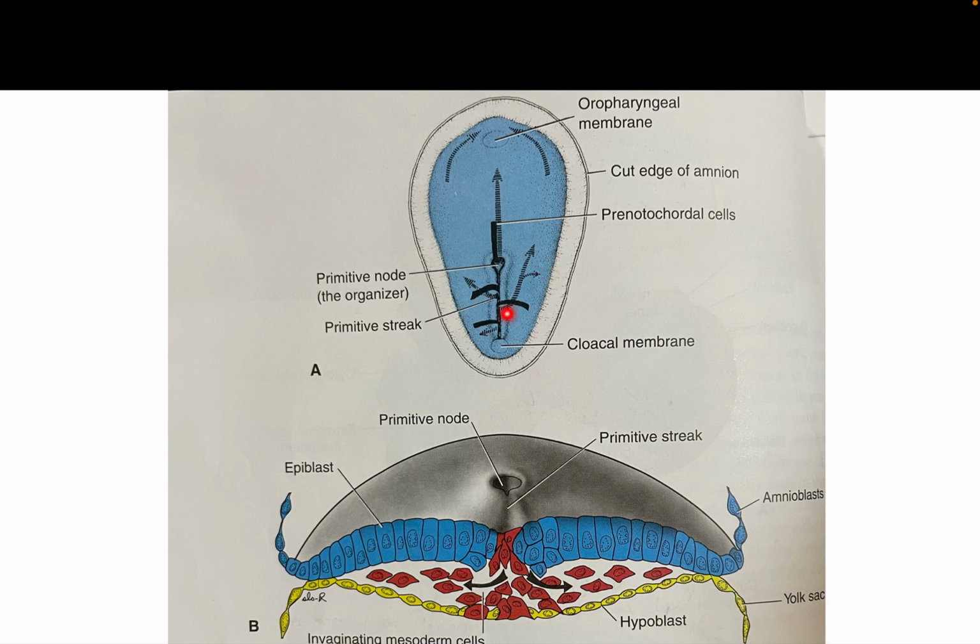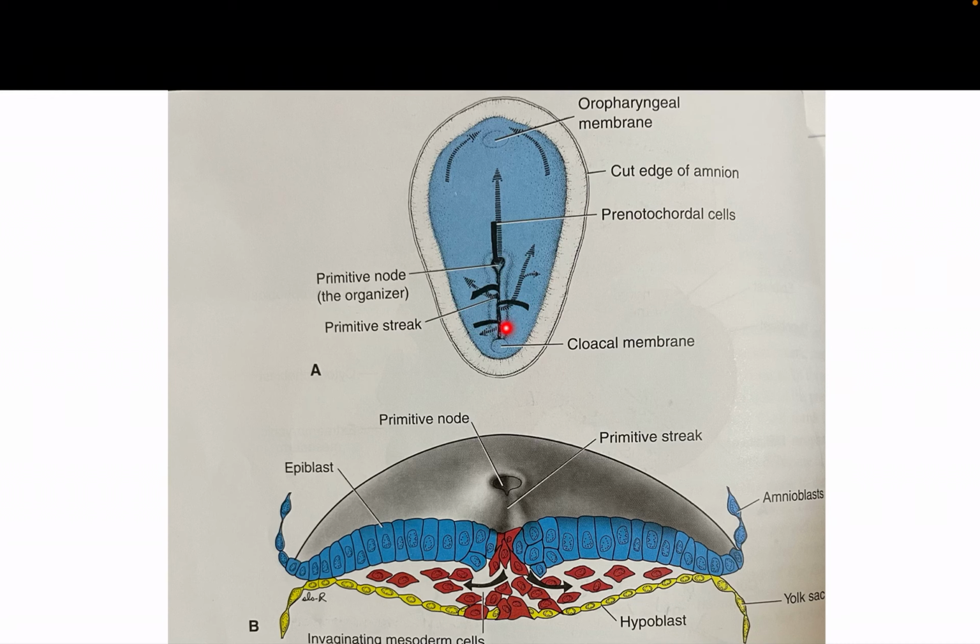The third quarter forms the lateral plate on each side. So the primitive node and the anterior part of the primitive streak both give paraxial mesoderm. Next is the intermediate mesoderm, then the lateral plate mesoderm.